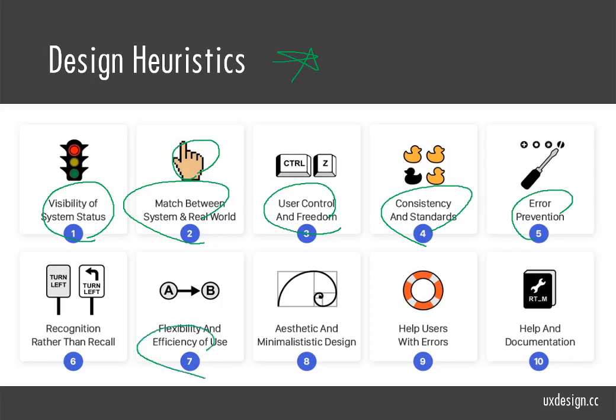Seventh, flexibility and efficiency of use. Users should be able to see the website on their phones or tablets or even a watch. Eighth, aesthetic and minimalistic design. This is about letting users not spend time on unimportant stuff.